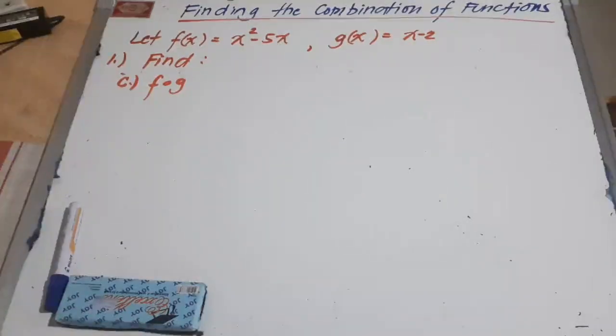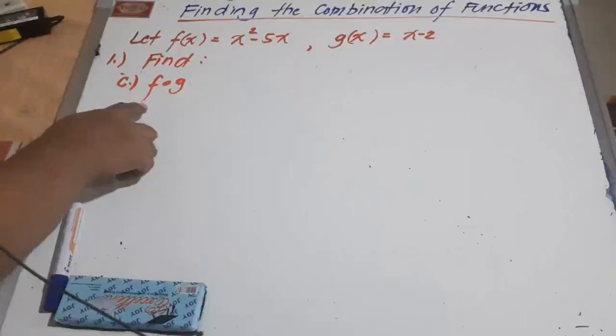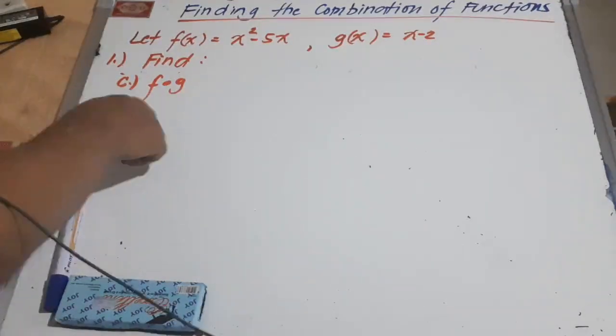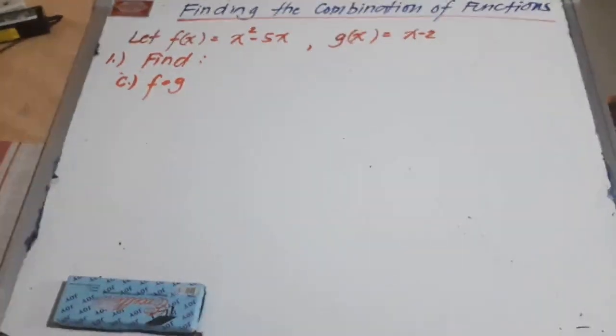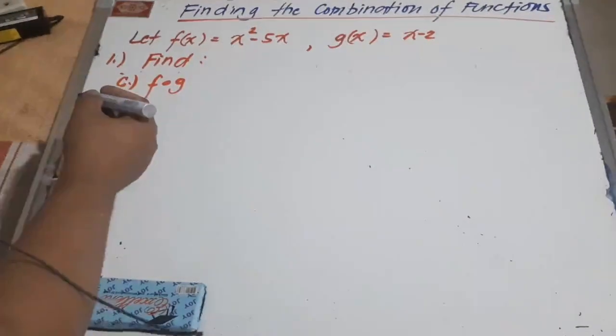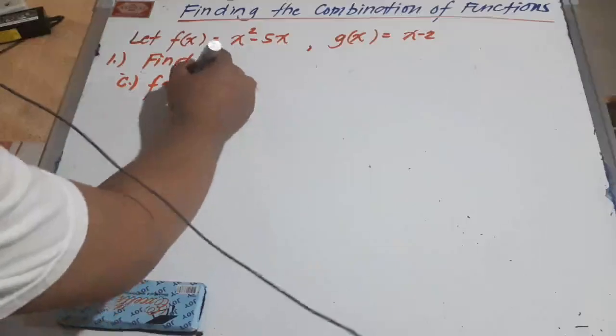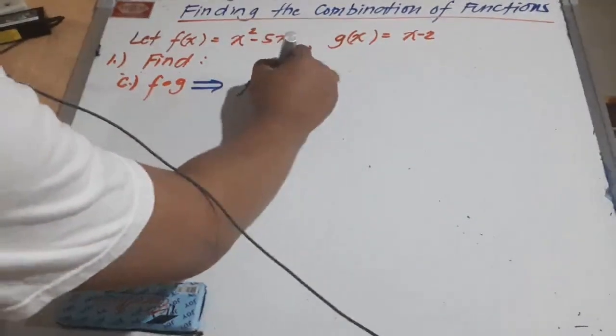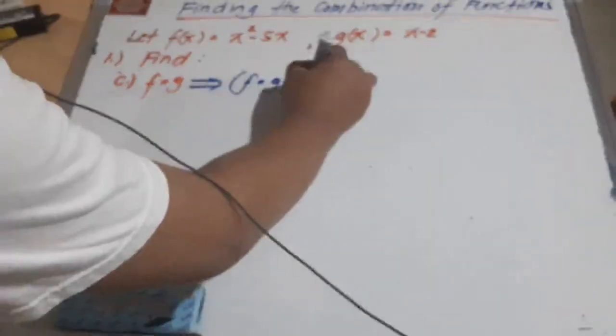So this is example 1c, in that this is the product of the two functions f of x and g of x. So the notation, it is denoted as f dot g or f times g. But since we're referring to the functions in terms of x, kukunin natin f times g of x. Okay?